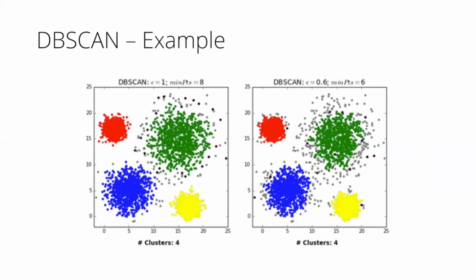So if this was the starting point for this blue cluster, which is randomly selected, from this point you visit a point here and try to determine if this point is density connected with the seed point. And as far as this point is connected with this point, they belong to the same cluster.